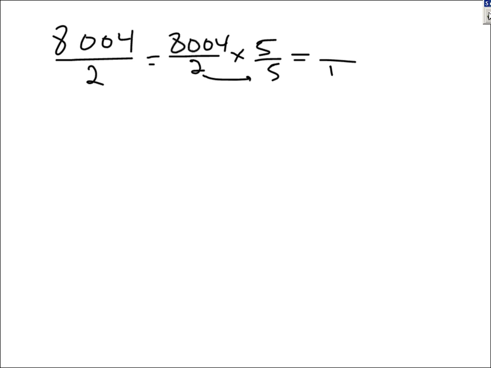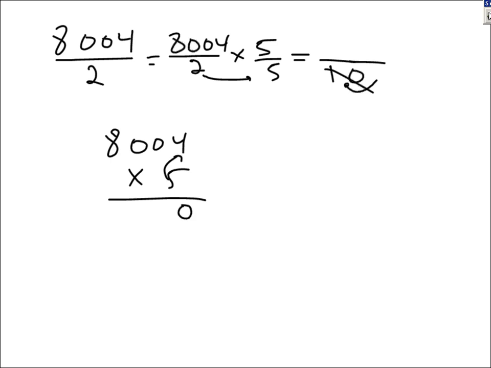Because 2 times 5 is 1 followed by zeros, 10, actually. I'm just going to move the decimal in, top and bottom, and then I won't even bother dividing by the 1, which is now on the bottom. Okay, 8,004 times 5.